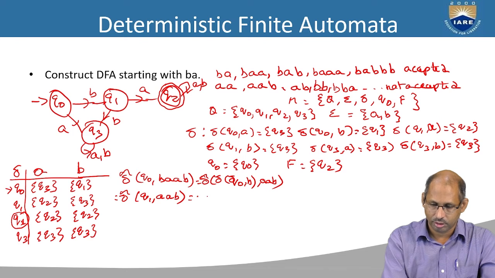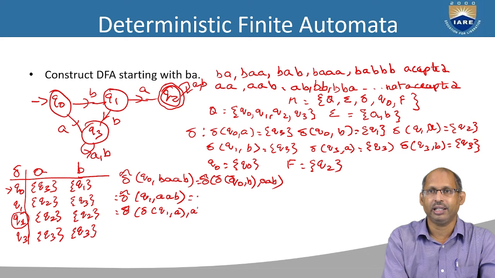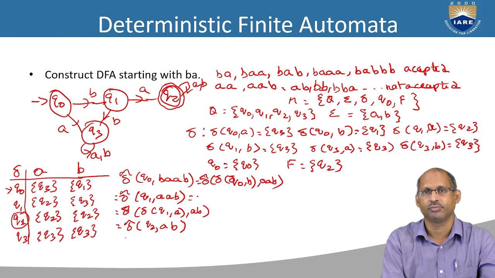Then string transition function, Q1 on A followed by AB. Q1 on A, where does it go? Q2. String transition function, this result gives Q2 followed by input symbols AB.